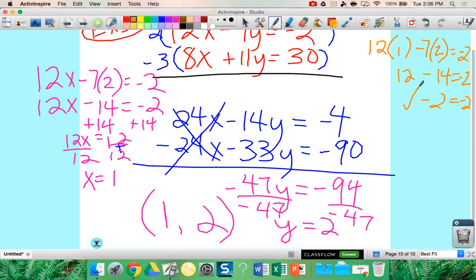That checks. Let's check the next one. 8 times 1 plus 11 times 2 equals 30. 8 plus 22 equals 30. 30 equals 30. And that checks as well. So we know that that solution is correct.